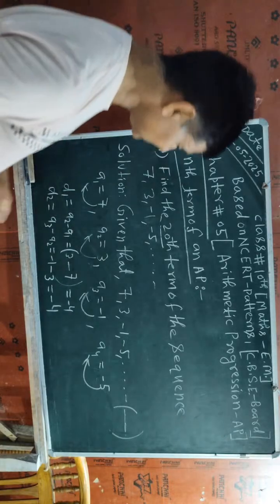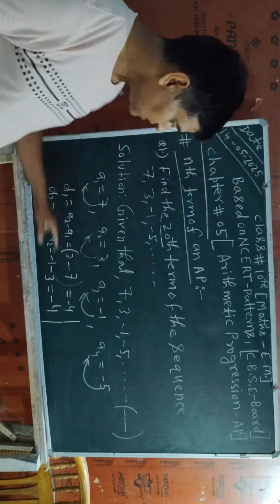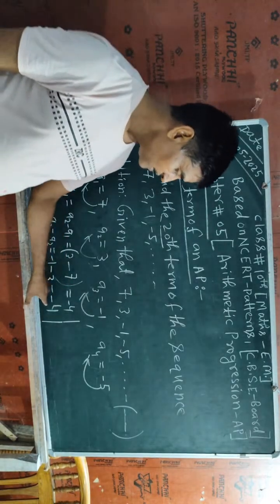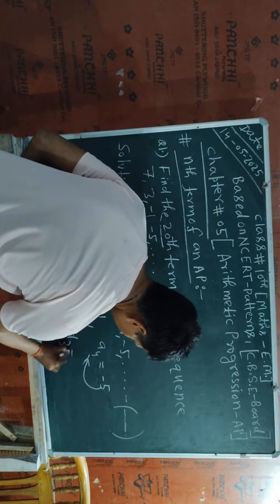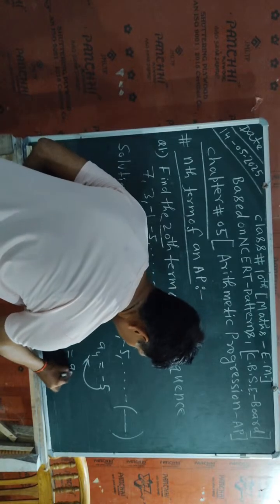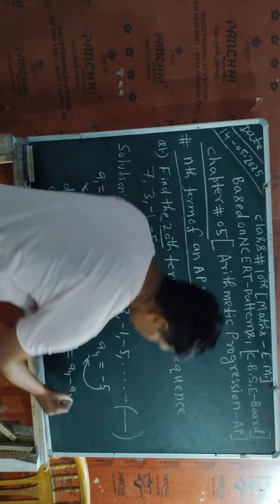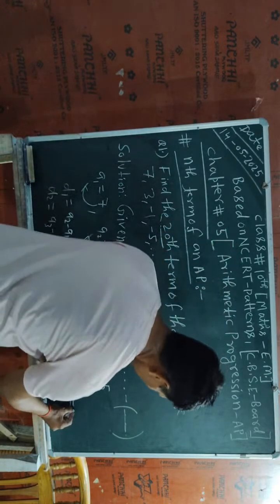So I am checking here the common difference. D1 has value 4, and D2 has the same value, minus 4. So I will also calculate the value of D3. It will be the value of A4 minus A3. So again I will subtract. I will put the value of A4, which is equal to minus 5.